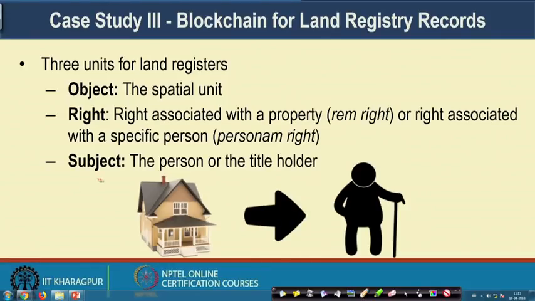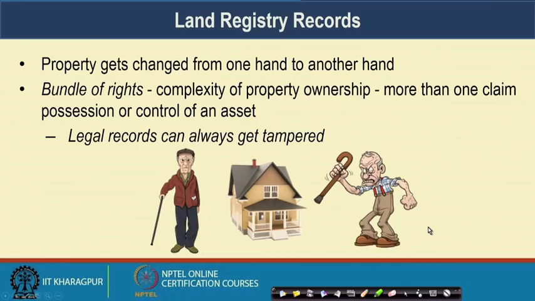So, any kind of right can be associated with the object, and the final component is the subject. The subject is the person, the title holder. So, as an individual you are the subject who is holding certain kinds of assets like a house or a land. Now, these properties get changed from one hand to another.